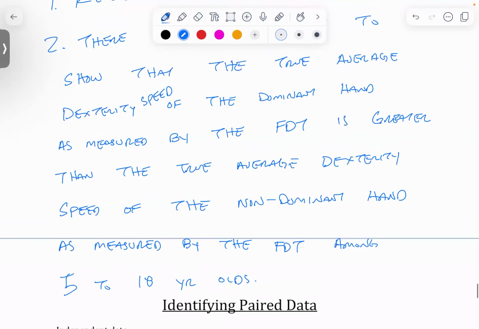All right? So the true average dexterity speed of the dominant hand as measured by the FDT is greater than the true average dexterity speed of the non-dominant hand. Mu D, mu dom greater than mu non-dom.